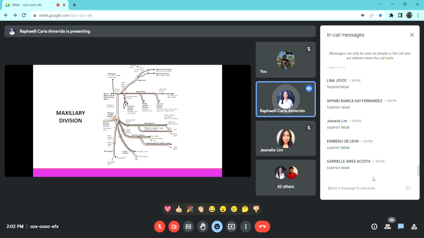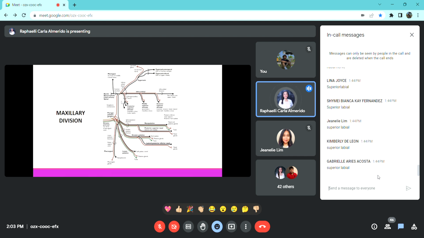If you remember, merong branch that goes to the cranial area, your meningeal division. And then we have the zygomatic nerve. Tas meron siyang two branches. And then we have the infraorbital nerves, na meron ding branch, the anterior and middle superior alveolar nerve.